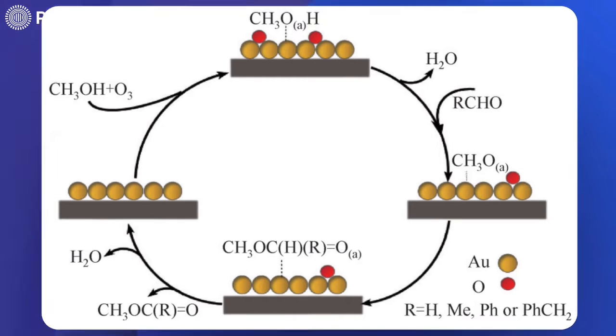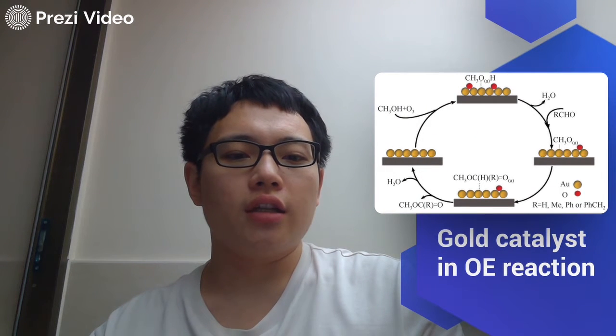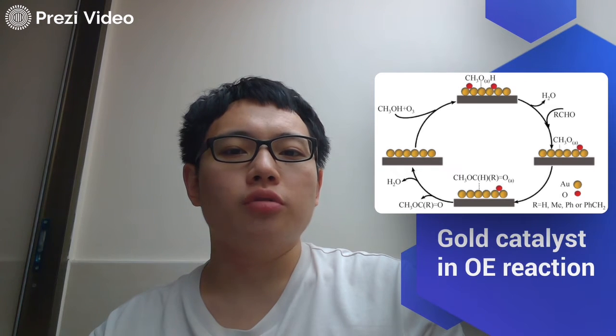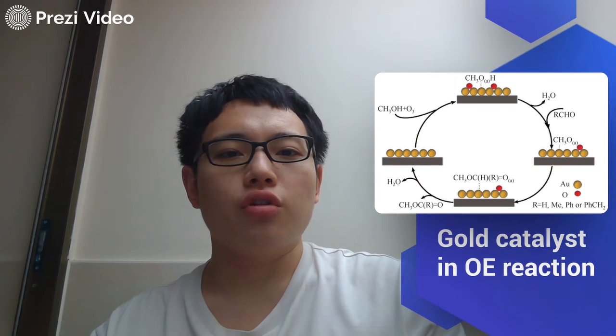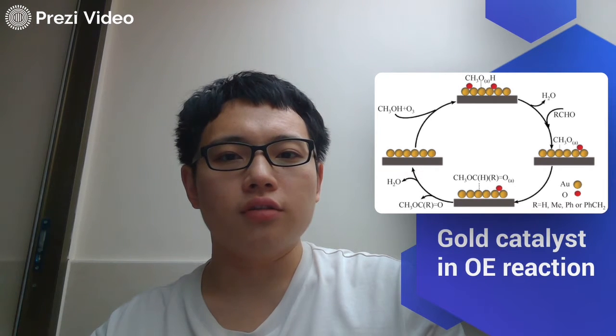So if we manage gold catalyst better in OE reaction, it will greatly improve MMA production. And this poster aims to study the potential factors that may affect the catalytic performance in isobutene OE reaction.